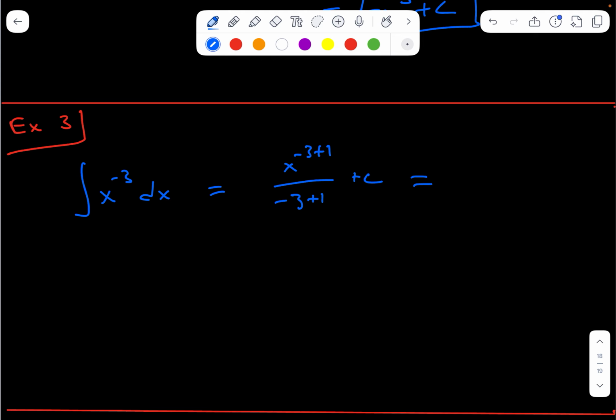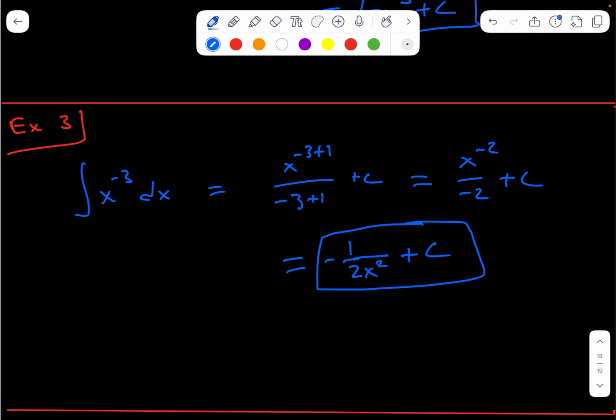This is going to be x to the negative 2 over negative 2 plus c. And that just simplifies down to negative 1/2 x squared, and the x squared is on the bottom because of that negative 2 exponent, plus c.